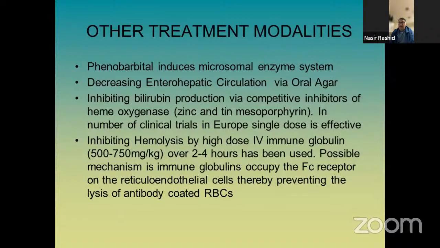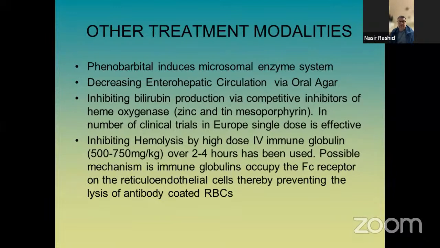There were some places that were using oral agar to decrease the enterohepatic circulation. I have never used it. In Europe, they use zinc and tin mesoporphyrin because it inhibits the heme oxygenase enzyme and stops the destruction of heme into biliverdin and eventually bilirubin. I've never used it, but I'm sure that it is an option. I don't know whether it is available in Pakistan or not.